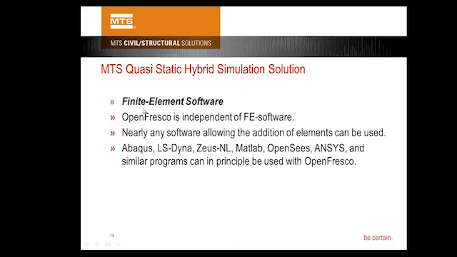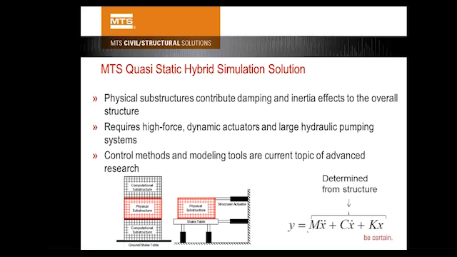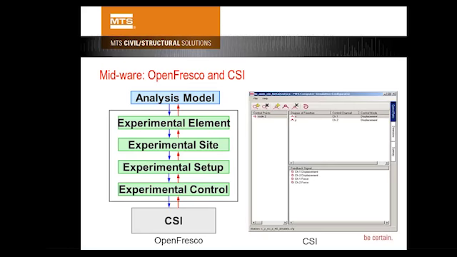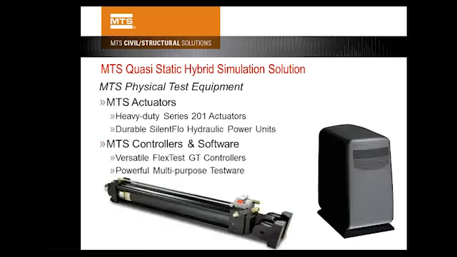It can be ANSYS, OpenSees, MATLAB, Simulink, and Adams, and as long as the software has a user-defined element, then we can use this kind of software, use OpenFresco, and use DSI and do the hybrid simulation. So that's the software part.